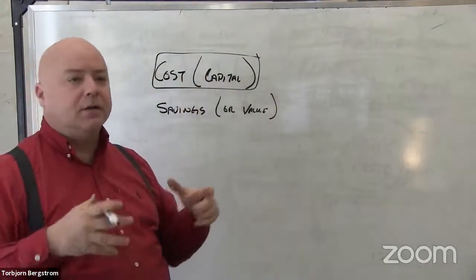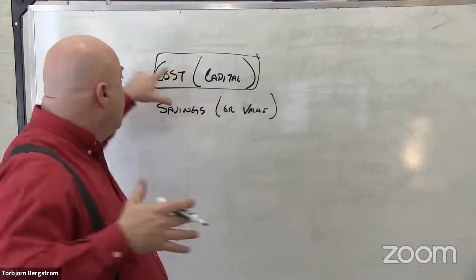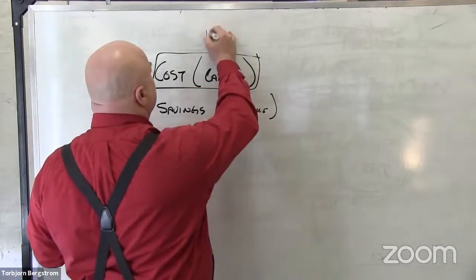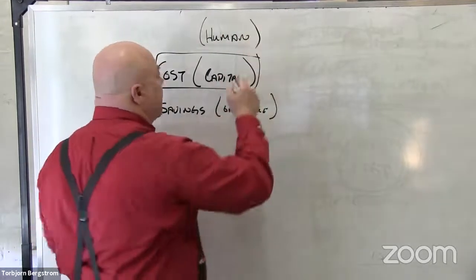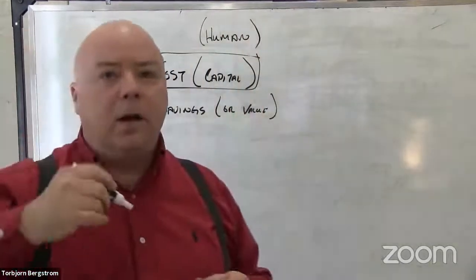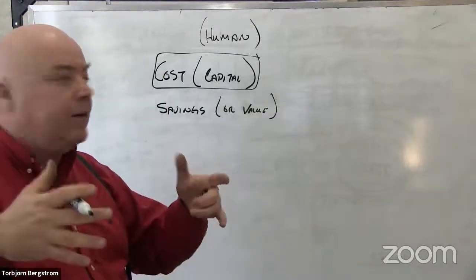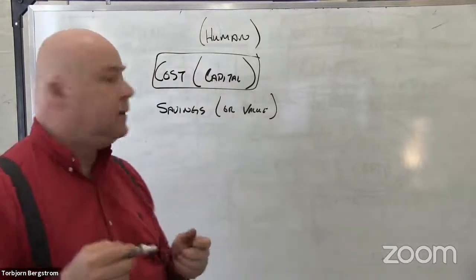Maybe it's the cost to dispose of the old equipment. We have to get new equipment in order to do this. It also has a human side, right? So our company's assets are the machine tools that we have, the intellectual property that we own, but it's also our employees.